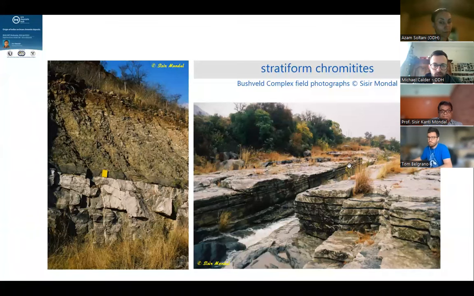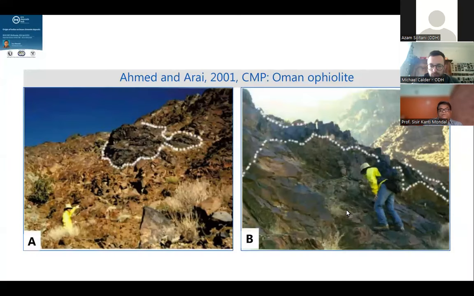This is the famous Dwars River section of the Bushveld complex, where we have spectacular layering of stratiform chromitites interlayered with anorthosite and harzburgite from the Oman ophiolite. These photographs are taken from Ahmed and Arai's contribution to the Mineralogy and Petrology paper, and you can see the nature of this chromitite body.